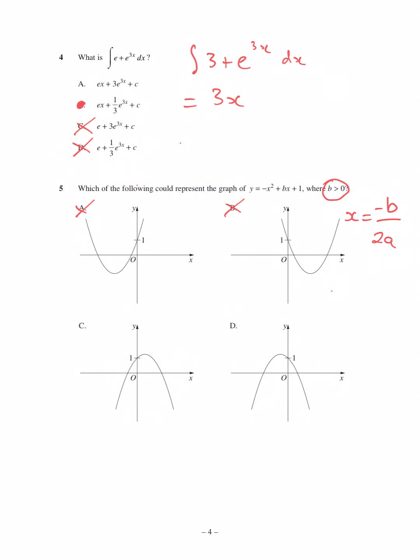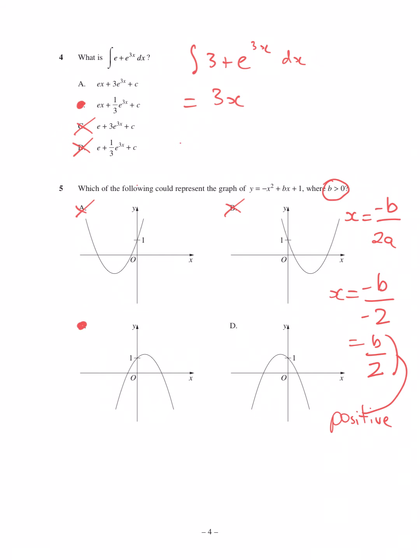So in this scenario, I've got x equals minus b over minus 2, or b over 2, where b is a positive number. Well, that means that this is a positive number, meaning that my turn has to be at a positive x value, so C is the correct answer here.